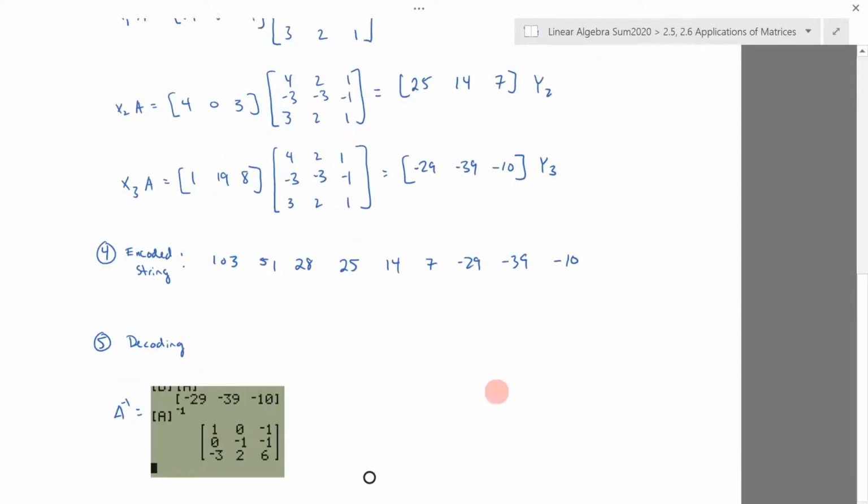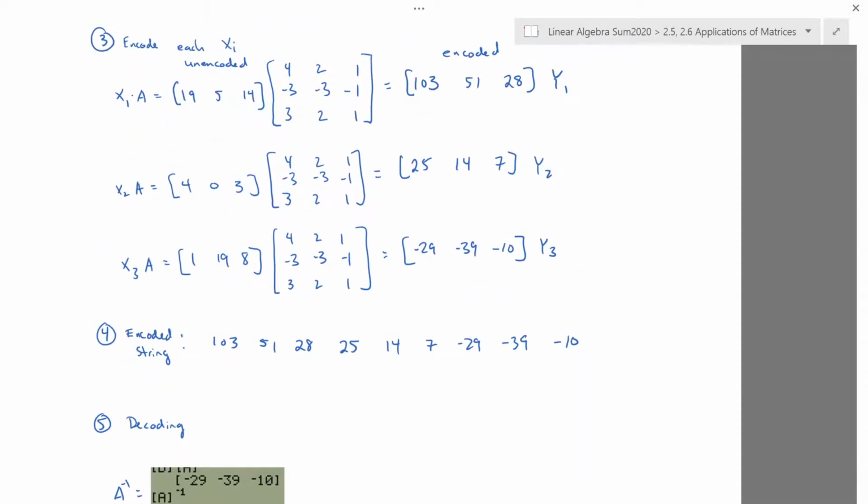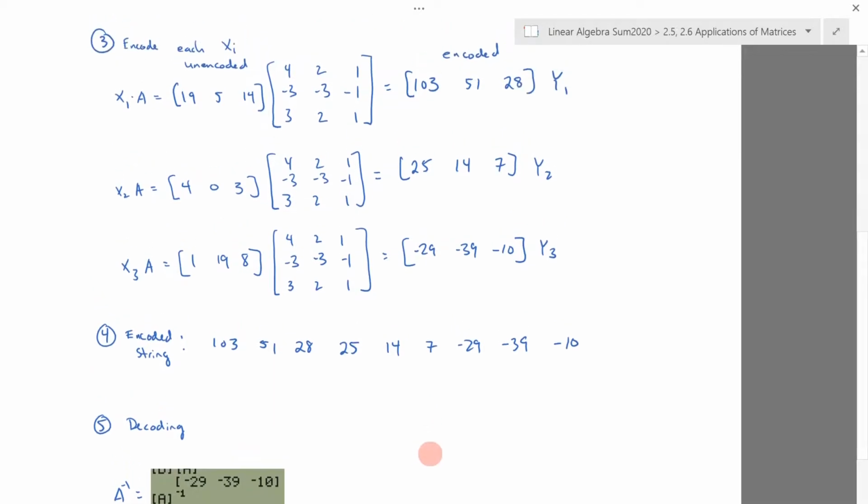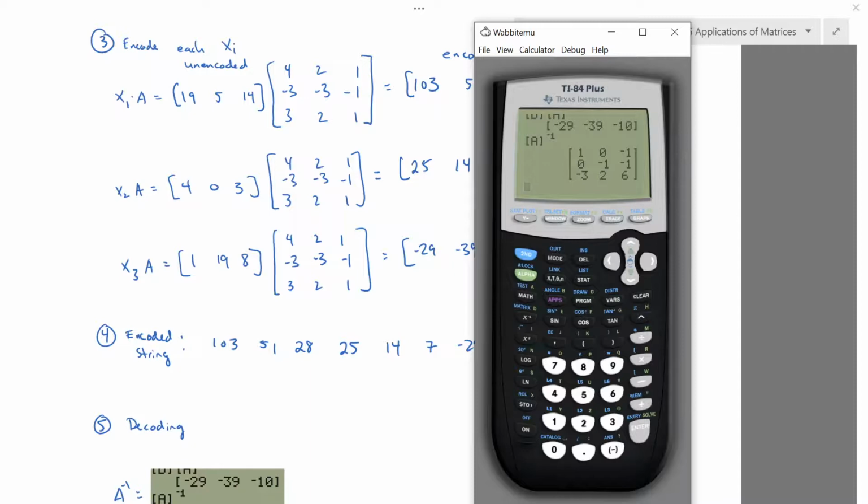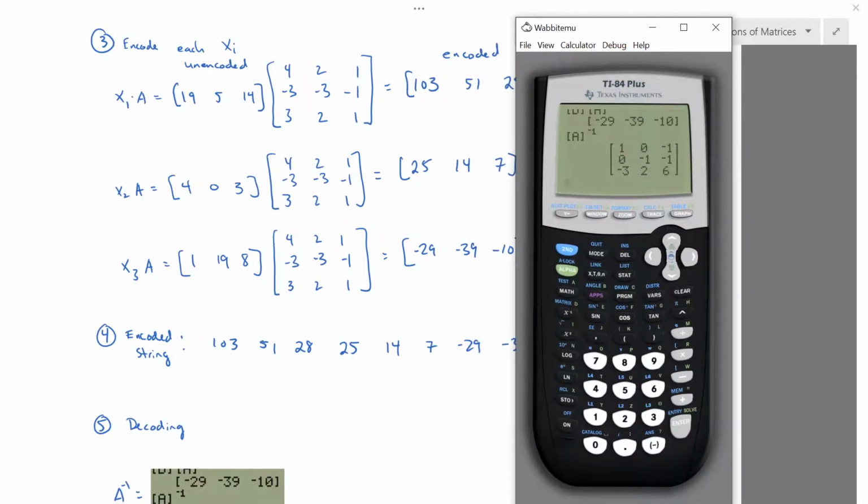Now I can just take each of these y's and multiply by A inverse. So let me store A inverse into, let's say, E. I haven't used that one yet. So that's where A inverse is, and then now I have to enter in the other matrices that I had before.